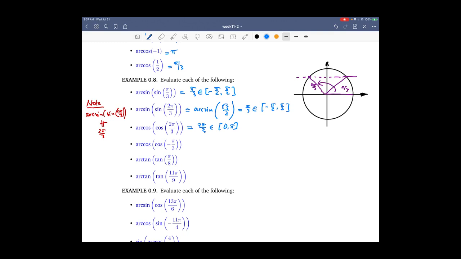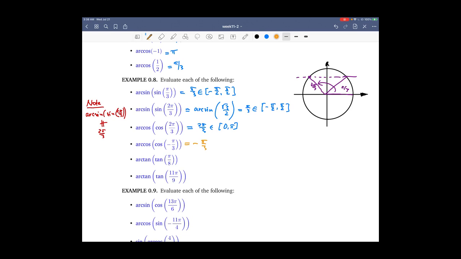Now, what about arc cosine of negative pi over 3? Well, if you want to say that this will be simply negative pi over 3, you would be in trouble.